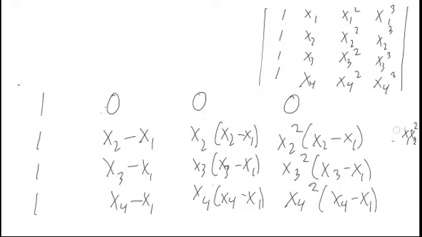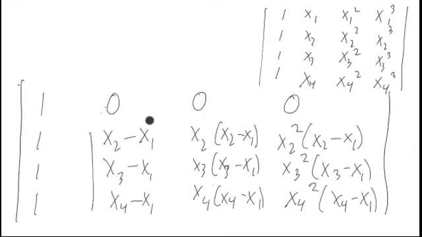So what we've just done is changed the computation to the determinant of this matrix, which will simply be this determinant in here. So this determinant now is the determinant of that.